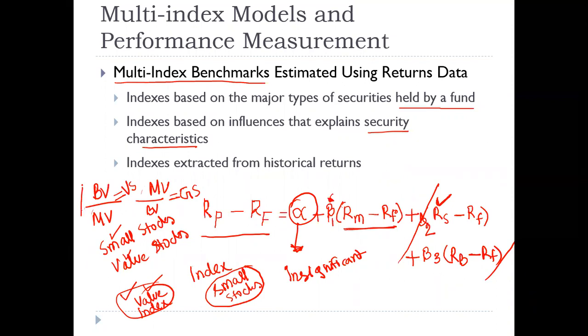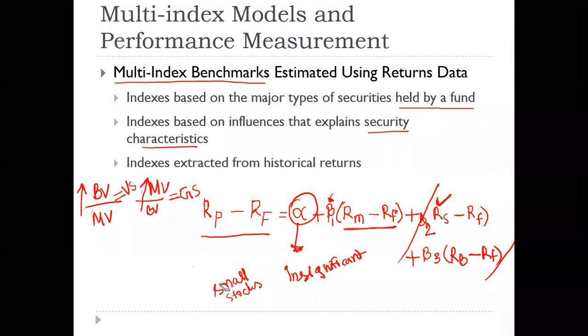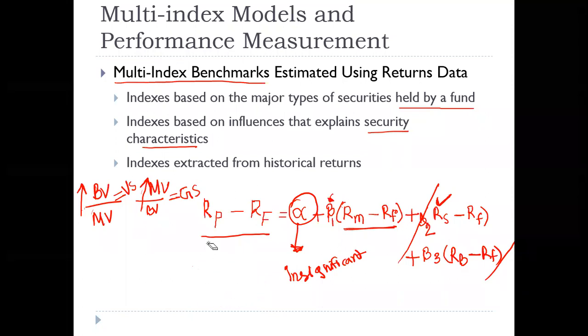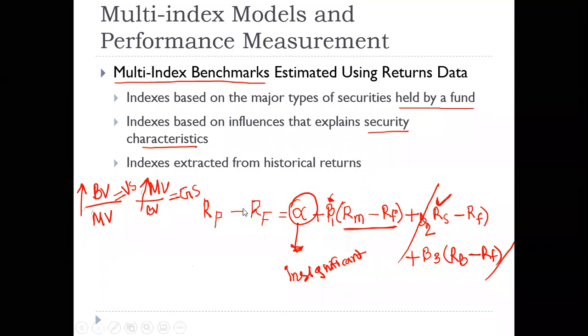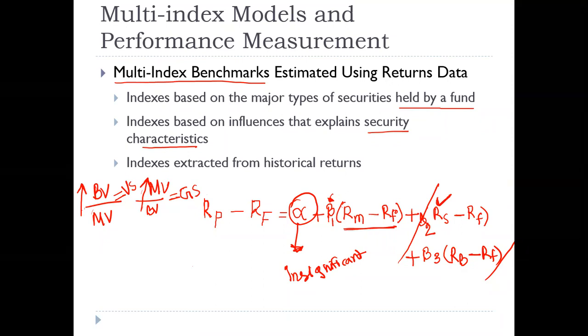For the stocks of which the number, this number is bigger or this number is bigger? Of which the book value to market value number is bigger, because if the ratio is a higher number, this ratio represents that those stocks are kind of value stocks.